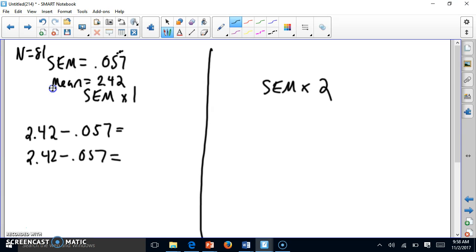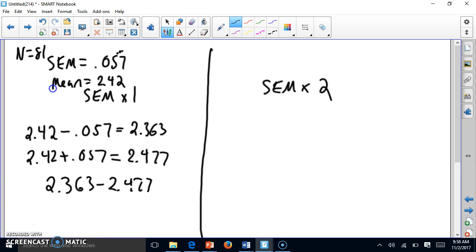When we do that, when you subtract, you get 2.363, and when you add, you get 2.477. So the range for the mean is between these two values.